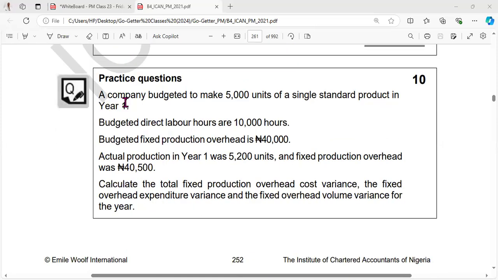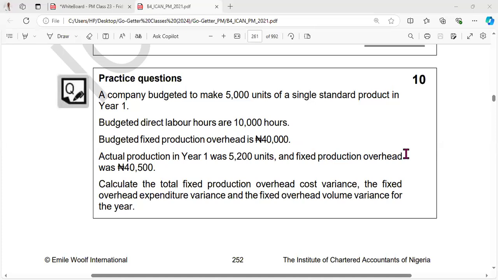Now, a company budgeted to make 5,000 units of a single standard product, but budgeted direct labor hours is 10,000 hours. Budgeted fixed production overhead is 40,000. Actual production in year one was 5,200.